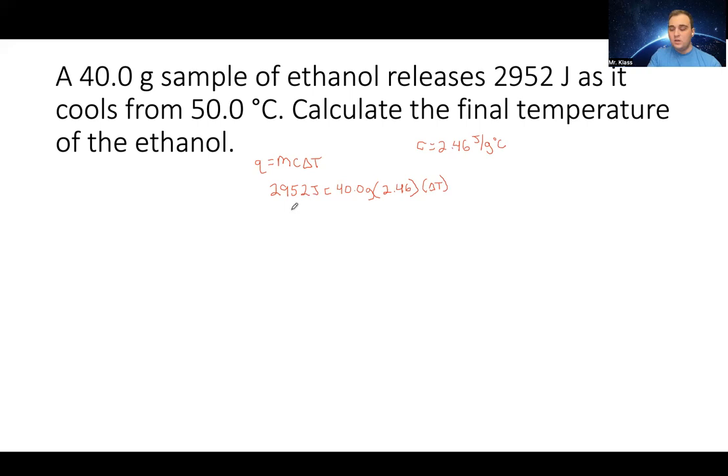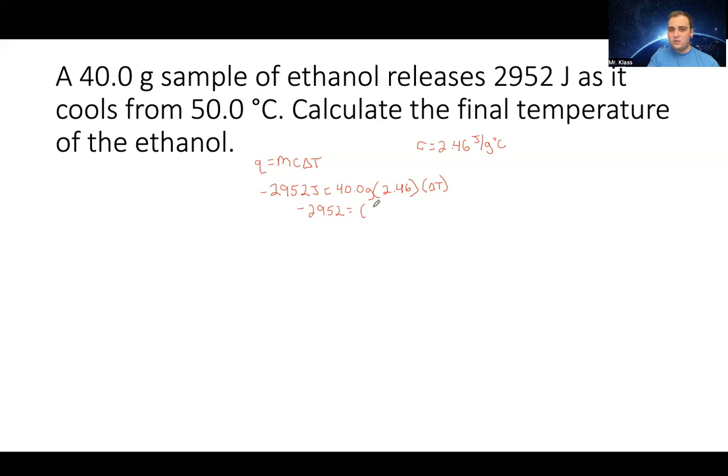Okay, now let's plug this in, get this going. Now don't forget, releasing energy, I'm going to have a negative Q. So make sure if you're releasing energy, the Q is negative. If you're absorbing energy, the Q is positive. So you do have to pay attention to the negative signs and the positive signs. Negative 2,952.